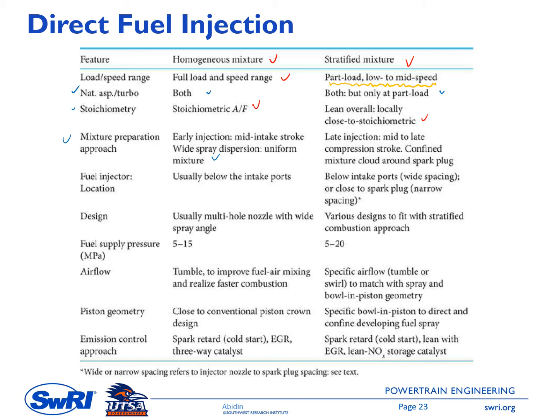For the stratified mixture, we can have a late injection. So in this case, we inject the fuel during the mid to late compression stroke. And then we can have a conveyed mixture cloud around the spark plug. Once again, we have a stratified mixture. Around the spark plug, it is a stoichiometric mixture, surrounded by a cloud which is a lean mixture.